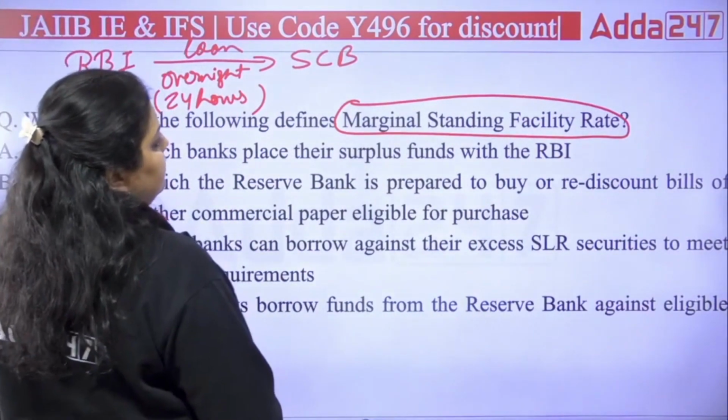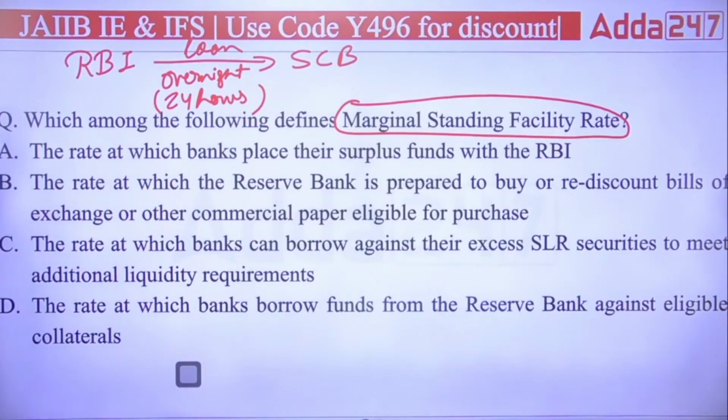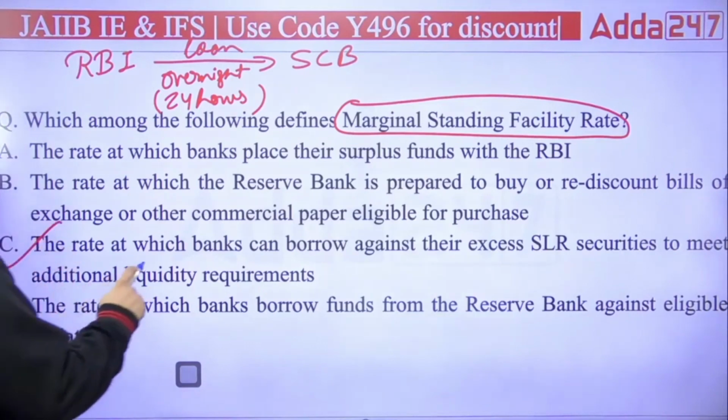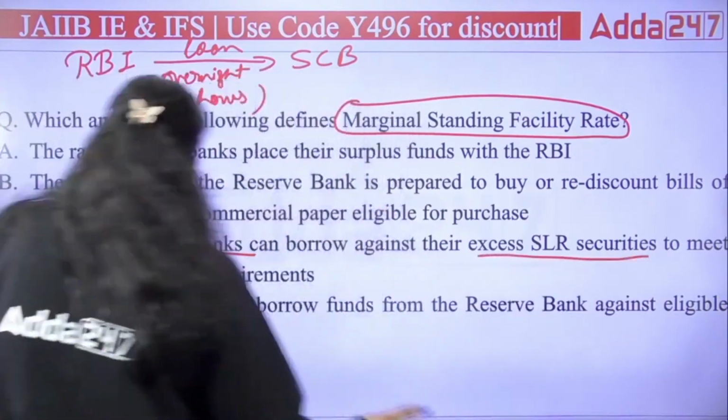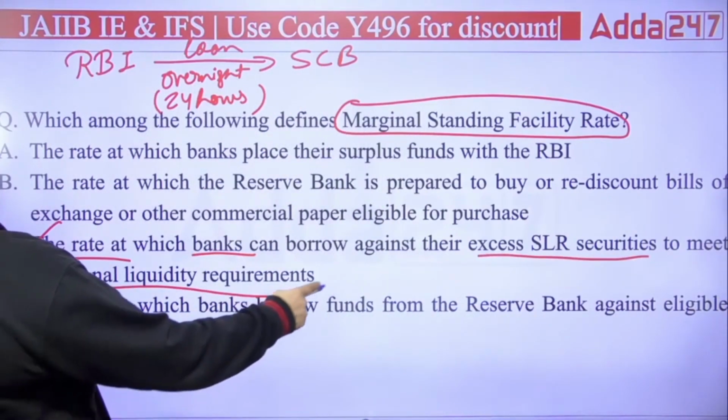So this money comes from where? This money comes from the SLR securities or SLR portfolio that banks maintain with themselves. Okay, so that's why the right answer will be C, because it is the rate at which banks can borrow against their excess SLR securities to meet additional liquidity requirements.